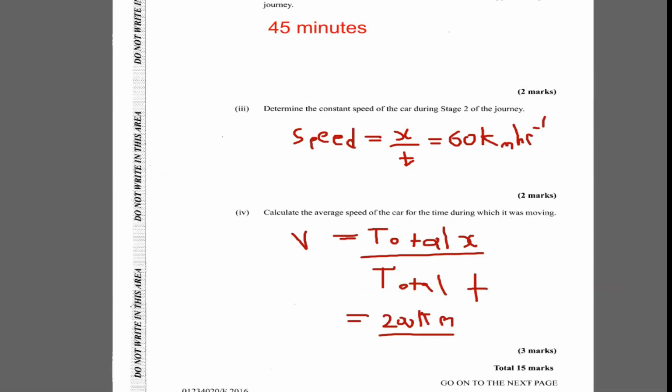Now 3 hours and 15 minutes is 3¼ hours. Remember, 1 hour is 60 minutes, and 15 minutes is a quarter of an hour. So 3 hours and 15 minutes is 3¼ hours. So 200 divided by 3¼ is going to be 61.5 kilometers per hour.